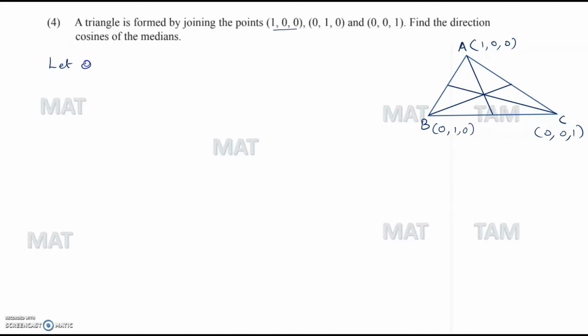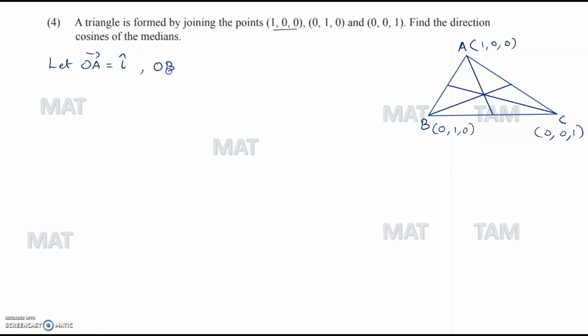let OA be a vector where the point A is (1, 0, 0). So O is the origin. Then the vector OA will be i cap.